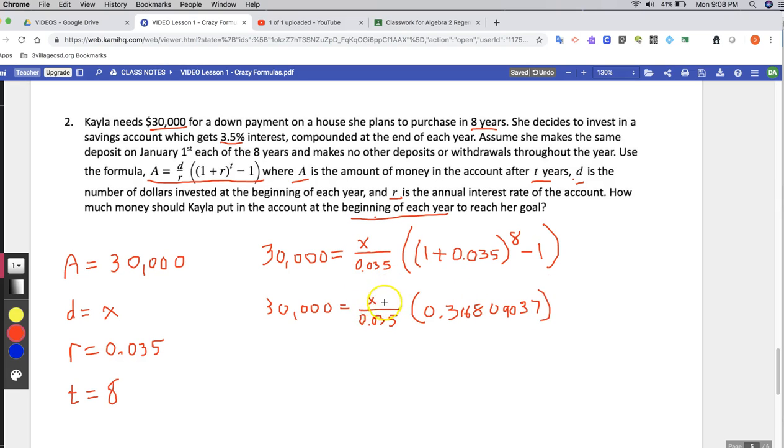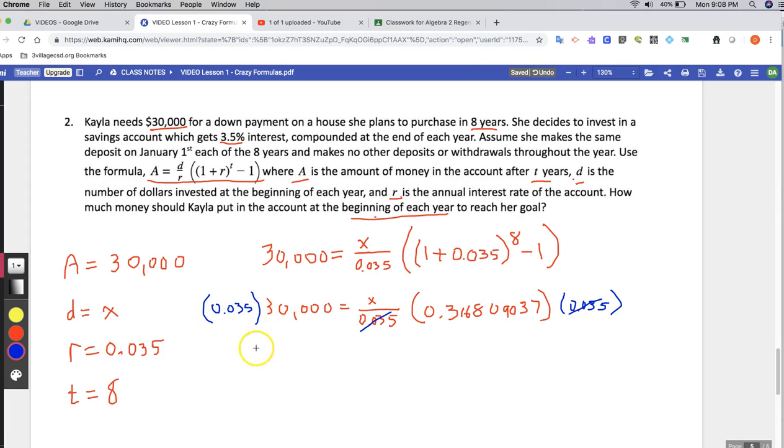Then next, to solve for X, I don't like this fraction. I do not like to divide by 0.035. So hopefully you would agree that if we multiply both sides by 0.035, that would help to get rid of that fraction in the denominator. This multiplying by 0.035 is going to cancel out that fraction.